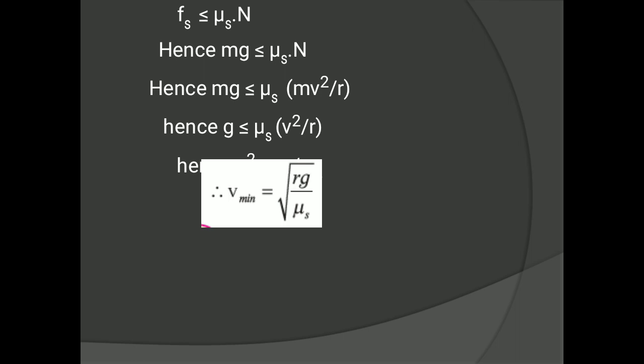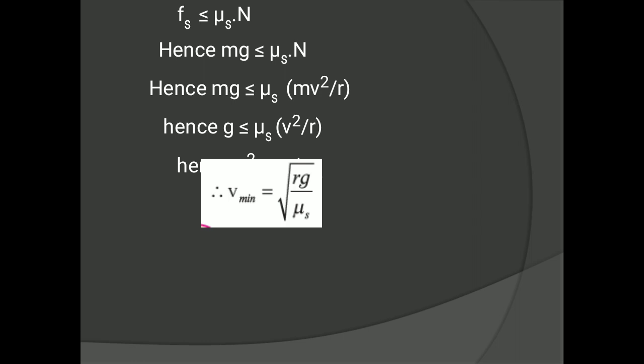So, from here we can write v minimum is equal to under root rg upon mu s. So, we can say that a vehicle can move in horizontal circles on the wall of the well with the minimum velocity under root rg upon mu s.